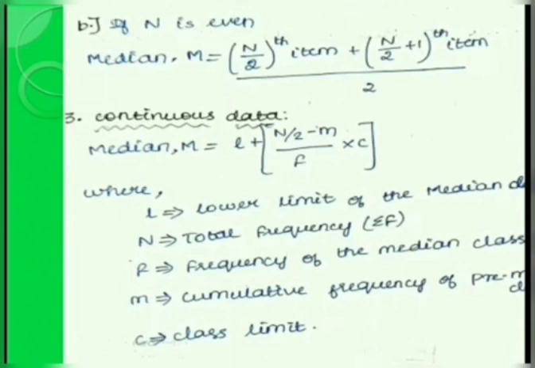For continuous data, our median formula is L plus (N by 2 minus m) divided by f into c, where L is the lower limit of the median class, capital N is the total frequency, which is summation f, f is the frequency of the median class, small m is the cumulative frequency of the pre-median class, and c is the class interval.